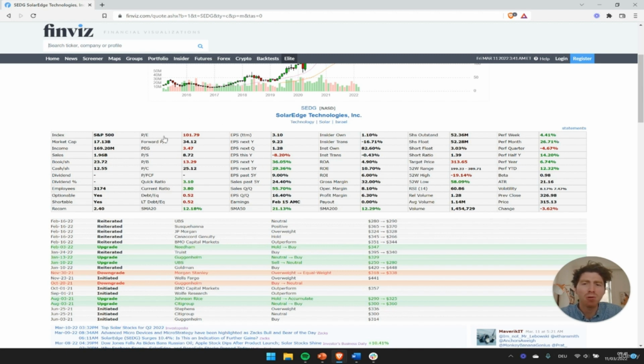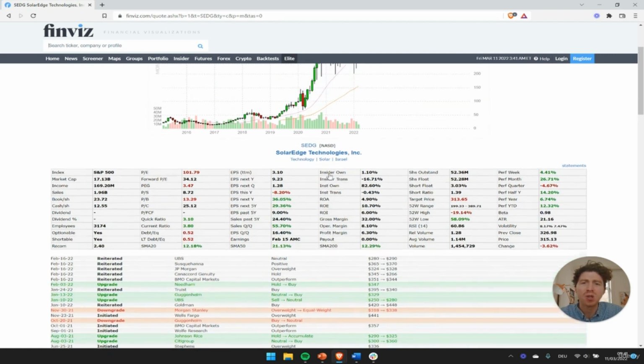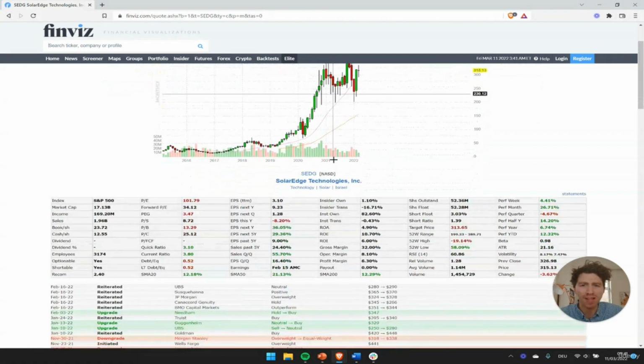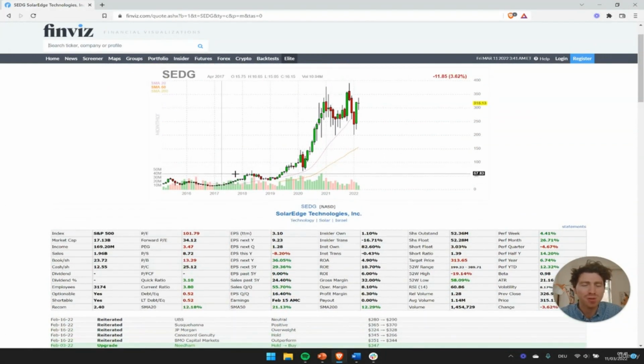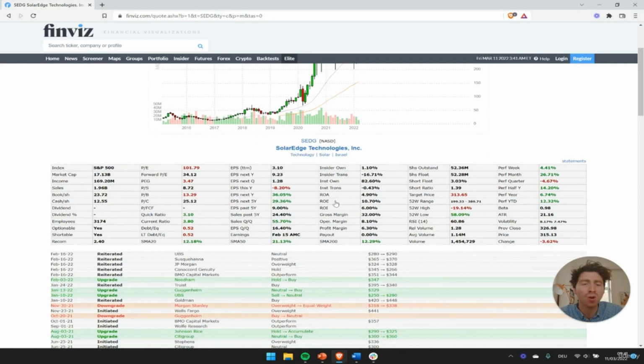Some of these ratios, which are shown here on Finviz, we're going to cover in depth in this module, so you're really equipped with the right skills to make smart decisions when choosing companies and know how to read all of these ratios.